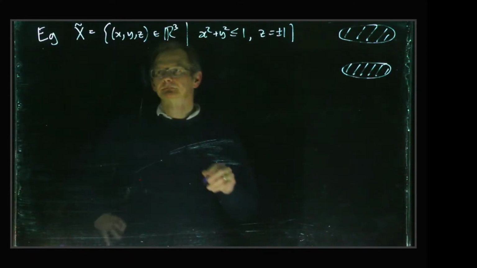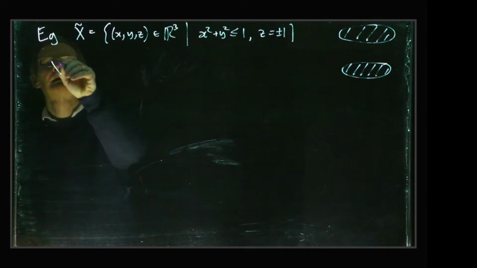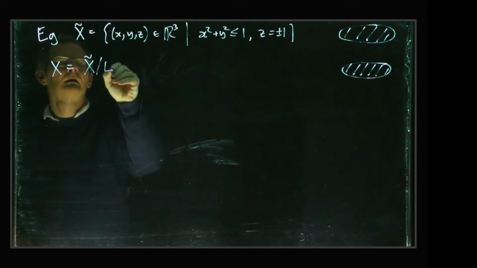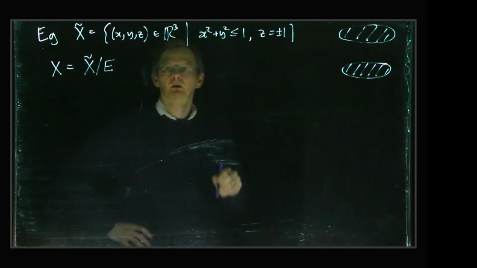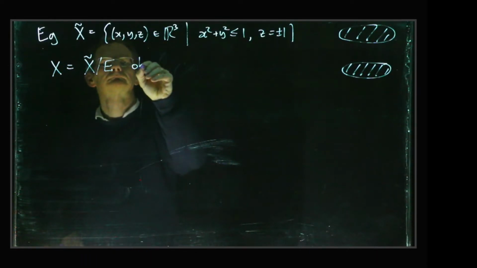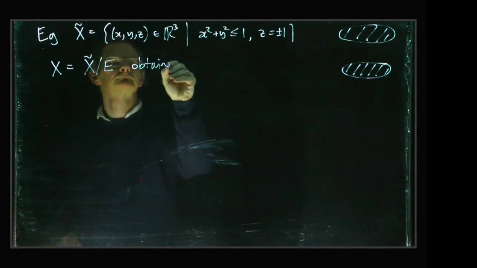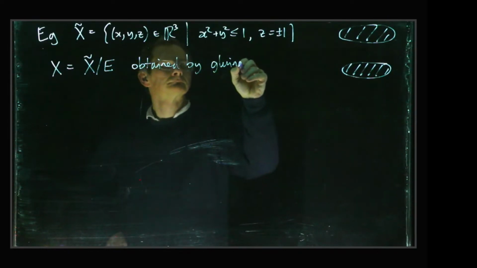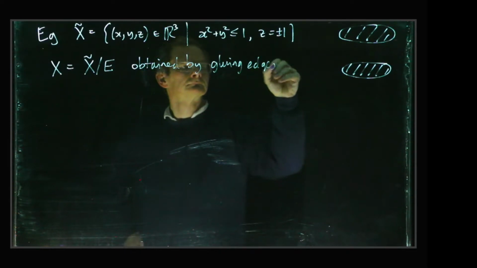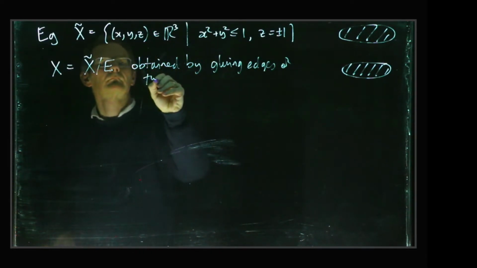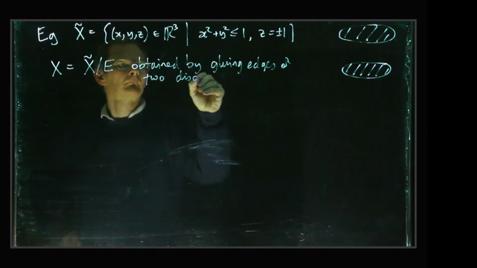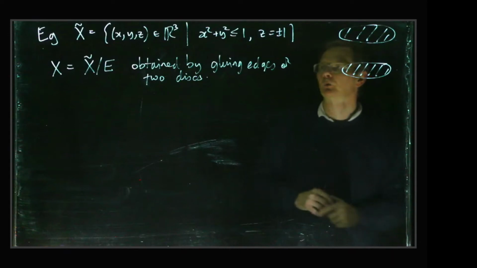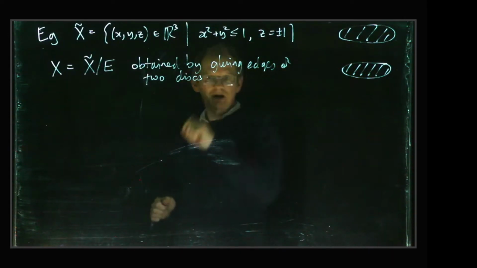And X is going to be a quotient space. So what we're going to do is take these two discs and glue the two edges together.